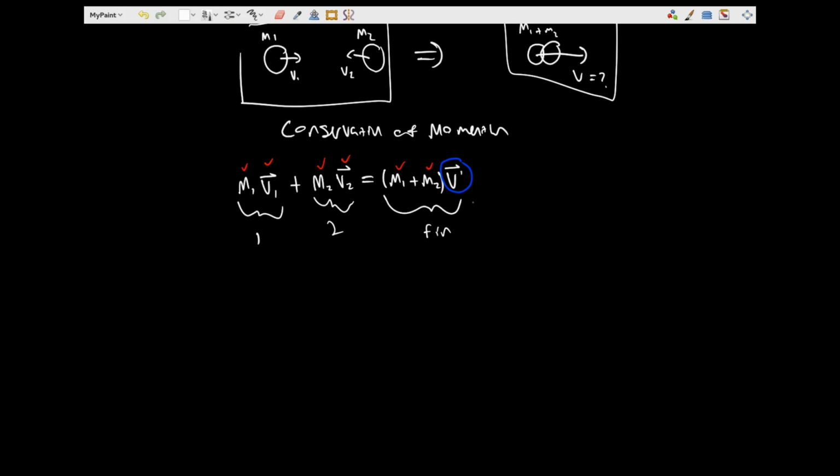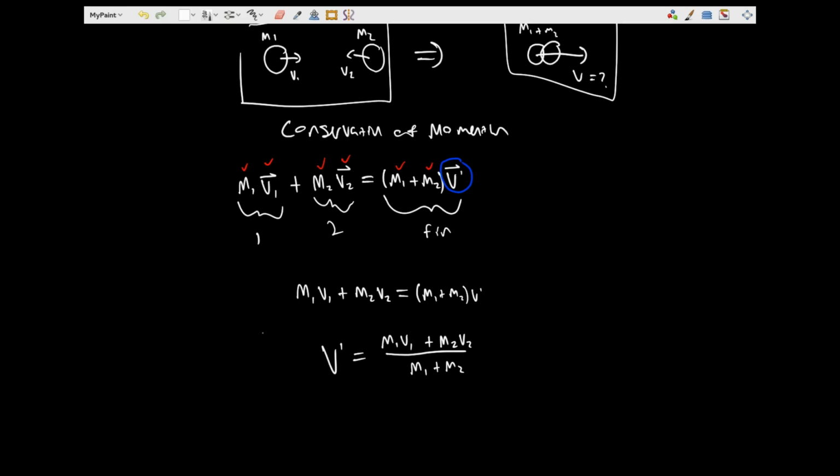But we're going to stick with one-dimensional for now, so we'll convert these vectors into just a scalar one-dimensional representation. So we will have m1 v1 plus m2 v2 equals (m1 plus m2) v prime, and therefore we find that v prime equals (m1 v1 plus m2 v2) over (m1 plus m2).